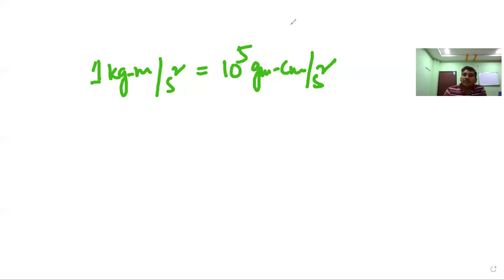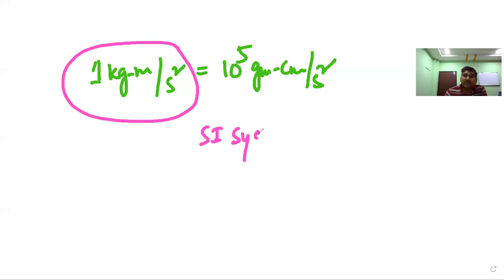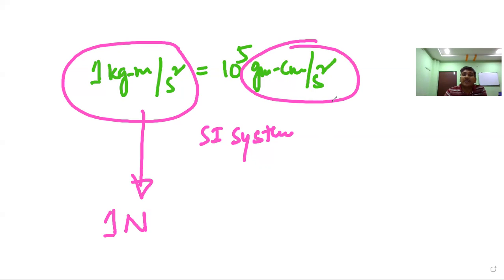Okay. Now observe carefully that this MKS can further be converted into the SI system. SI, System of International, SI system. You know, in the earlier class, I told that 1 kg meter per second square is 1 Newton. So this is 1 Newton. And in the CGS, this entire quantity is known as dyne.